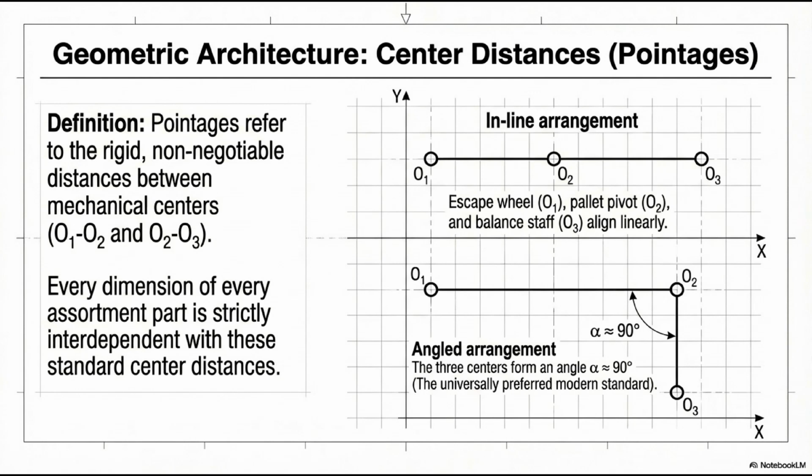This is the standard in modern wristwatches because it gives the movement designer much greater freedom to position the balance wheel relative to the barrel and gear train. Standardized pointage values are codified in the NIHS standards. When you replace an assortment, you replace a matched set.